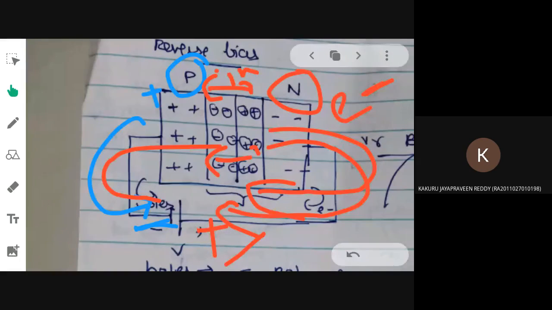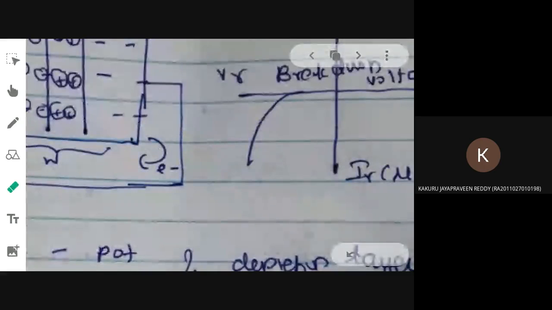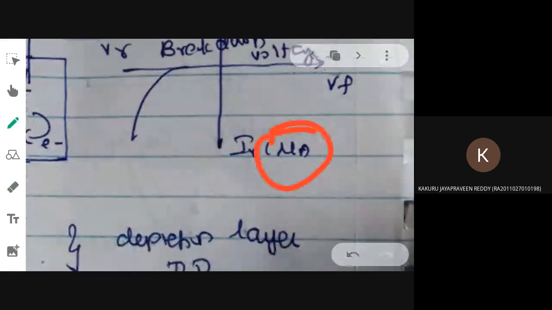Okay, but practically some very minute amount of current will flow, which is of what value? Mu means what? Microampere. Microampere is very minimal, 10 to the power minus 6, right?